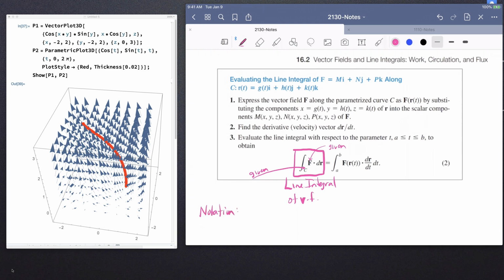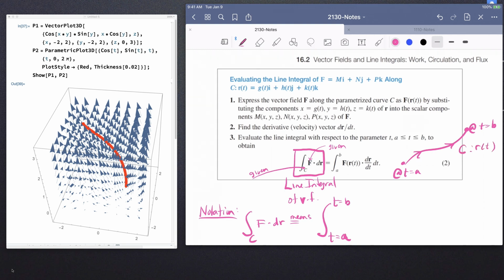But the notation says that this line integral of a vector field f dot dr means that you need to do a line integral from t equals a to t equals b, where a and b are the times that define the endpoints of the path or the curve that you're moving along.